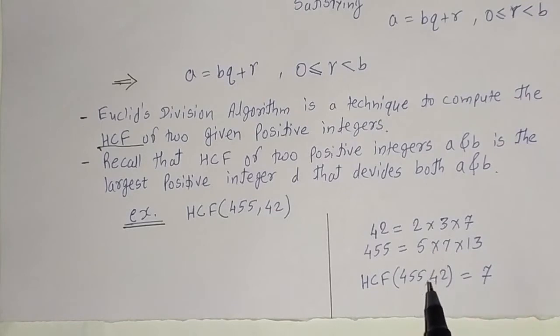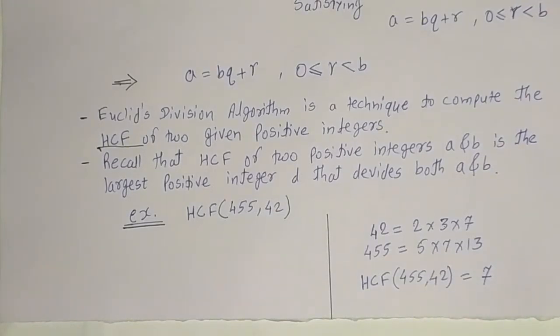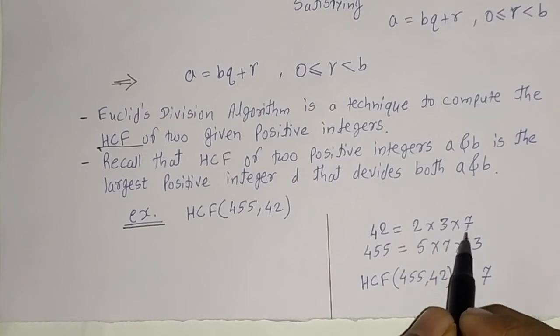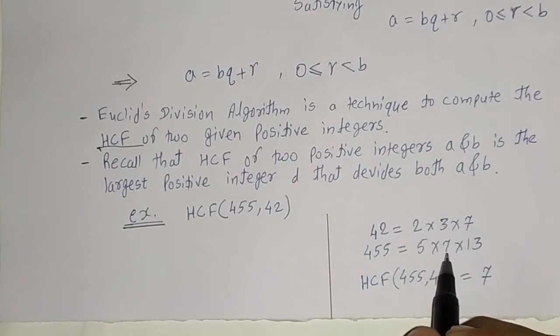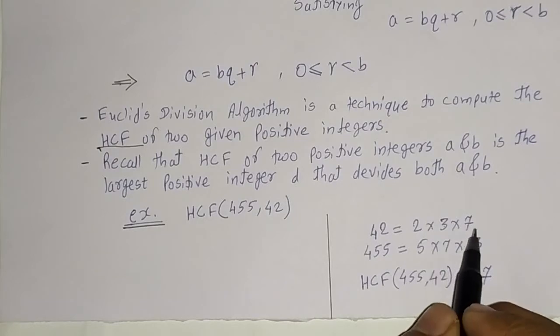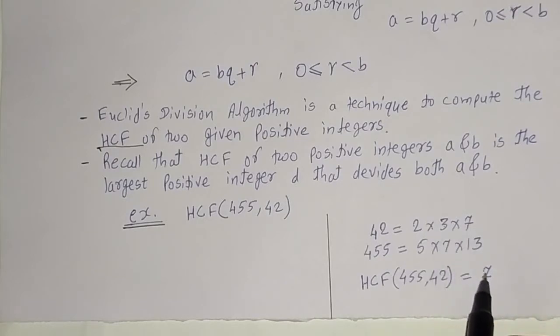So what is the definition of HCF? Smallest power of each common factor. So common factor here in these two prime factors is 7, and its smallest power is 1. So 7 raised to 1 will be the HCF.